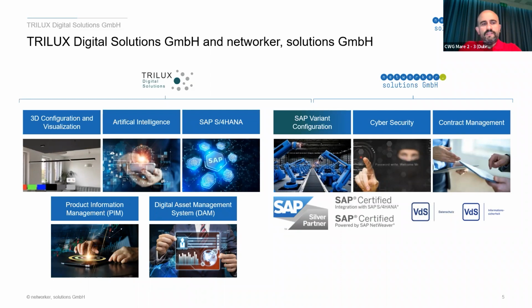On the left side, you see Trilux Digital Solutions, TDS, where we have a lot of technology development: a 3D and visualization team, AI, S/4HANA add-ons, PIM and DAM. It works really well, having a combination of consultancy expertise with development and technology.